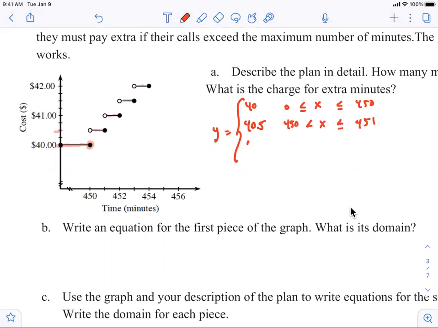This is $41. And what's the price going to be? Pause it here. Nice job. 451 non-inclusive, x inclusive 452. And then we could go on and on forever.